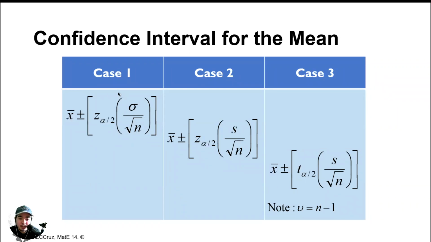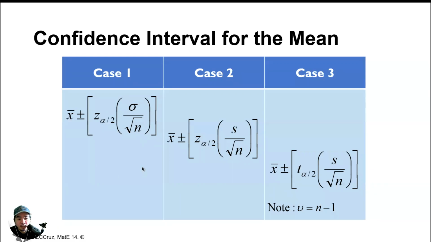So ito kasi, this is equal to e, itong buong term na to. So if we do e is equal to z alpha over 2 times sigma over square root of n, transpose natin yung n on the left hand side of the equation, transpose yung e on the right hand side of the equation, then we get square root of n is equal to z times sigma over e.